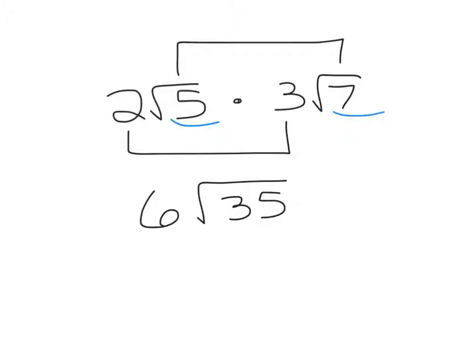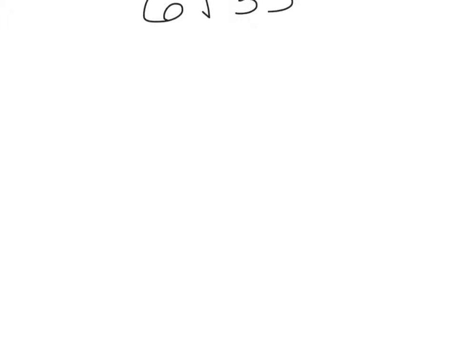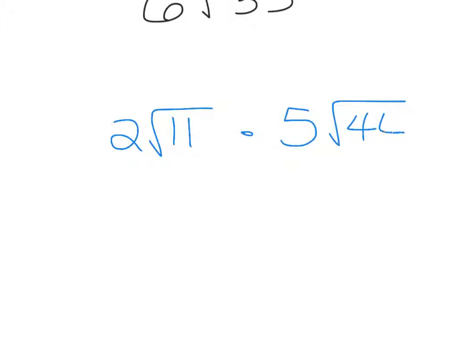Now, you may also get questions to multiply where the radicals are a little bit larger. So, for example, you might get 2 square root of 11 times 5 square root 44.